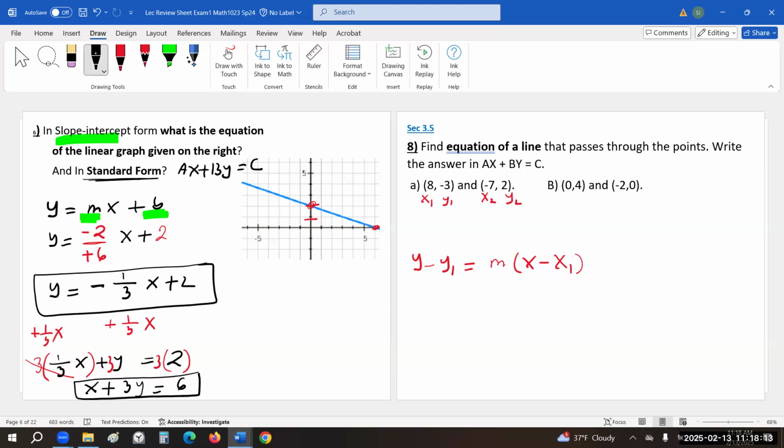So we can write y minus -3, x minus 8, but we still don't know what our m is. That's why our first step must be finding m. So the formula for m is y2 minus y1 over x2 minus x1.